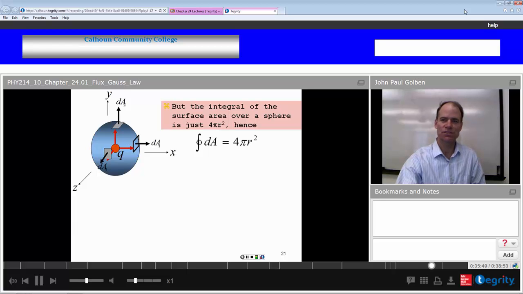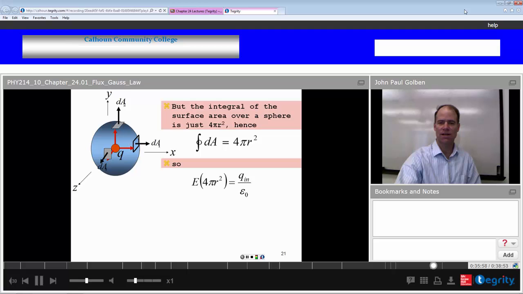But the integral of dA over a sphere is just the area of a sphere, and that is 4 pi r squared. So now our equation looks like this: E times 4 pi r squared is Q enclosed over epsilon naught.